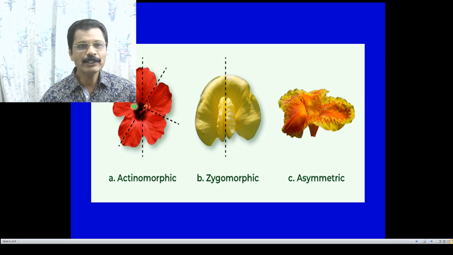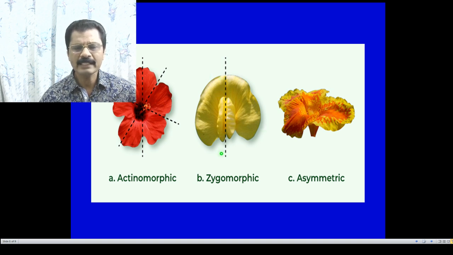It can be divided into two equal halves along any plane. This is zygomorphic, divided into two equal halves through only one plane. Pea, beans. And this is an asymmetric flower, which cannot be divided into two equal halves.